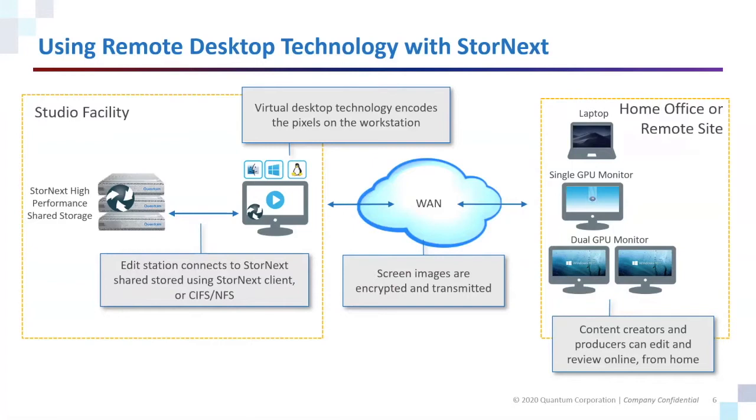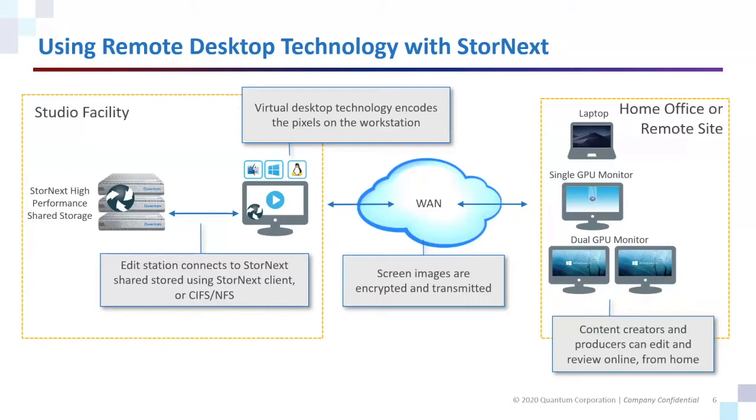On top of that, you'd have some sort of virtual desktop technology to encode the pixels, so you have some security across the wire, whether it's over VPN or some other type of encryption that is in place to secure the image. And on the right hand side, we show the home office or remote sites where you can access the existing storage on-prem.